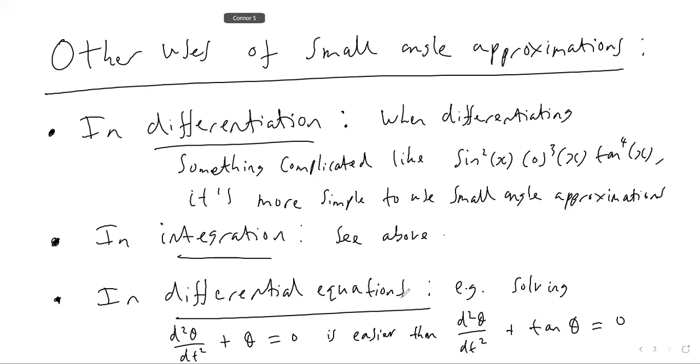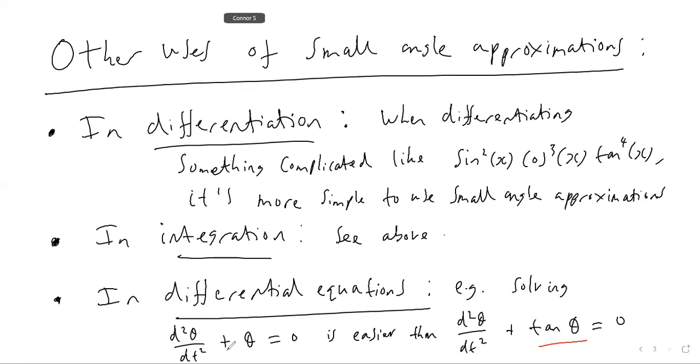Yeah, so what I've done here is, we know that tan theta is approximately equal to theta when theta is a small angle, so I've used that in solving this differential equation. In fact, in the A-level maths course, we don't need to worry about solving second order differential equations, so this is just a random example to make the point clear.